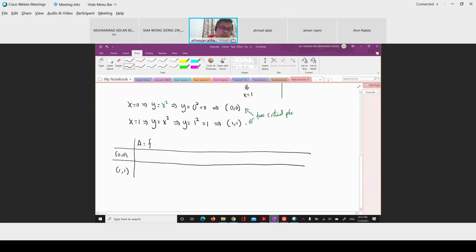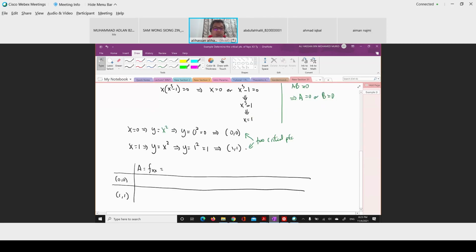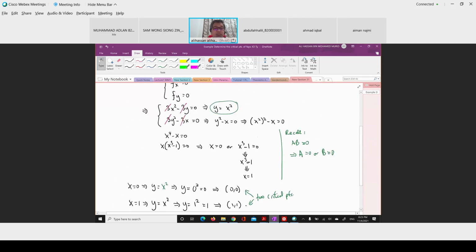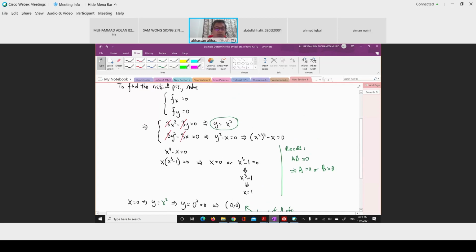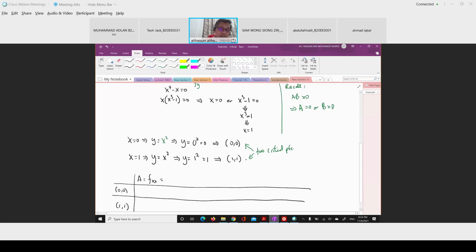A is f partial x partial x. Remember we have found f partial x just now. f partial x is this one, 3x squared minus 3y, and the one below is f partial y. So we differentiate f partial x with respect to x again. We get 6x.